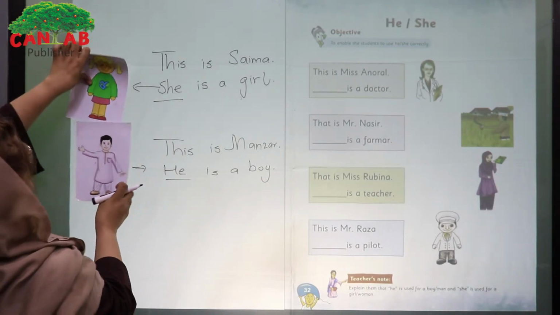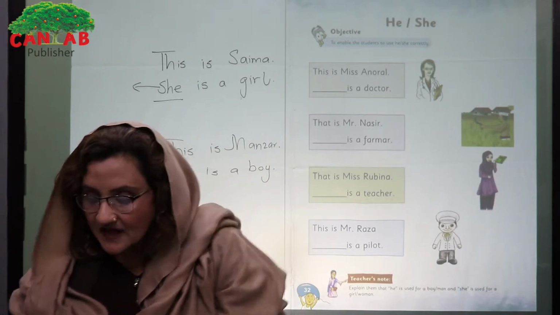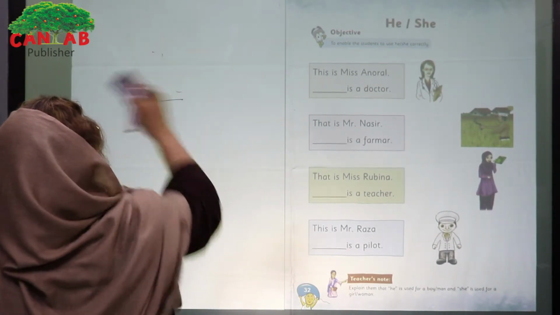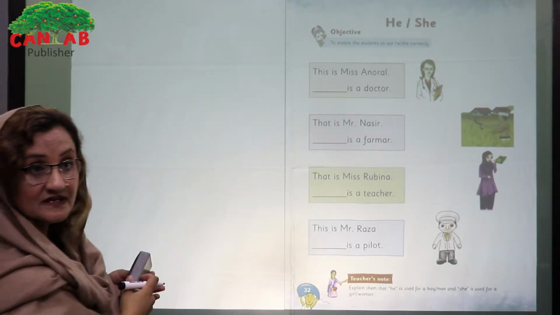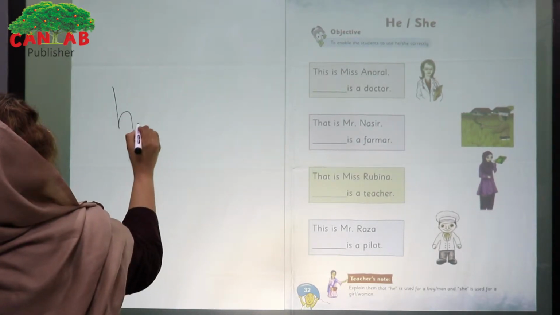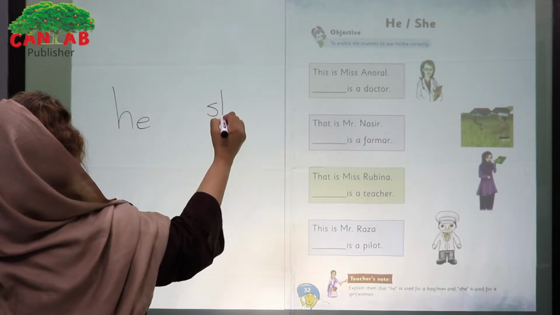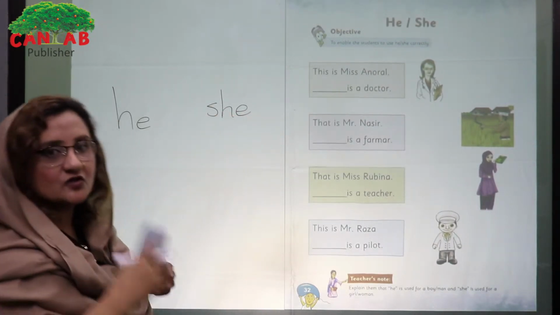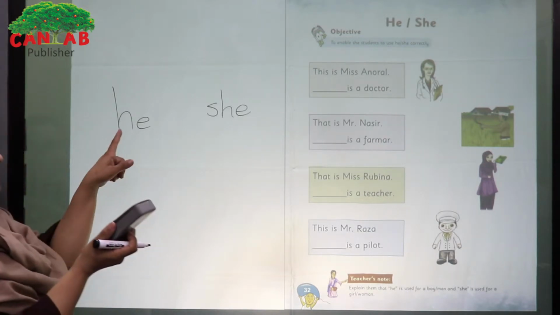Very good. Okay, students. Now I am going to write 2 words here. Read with me. He, she. If you are a boy, you are going to use the word he.